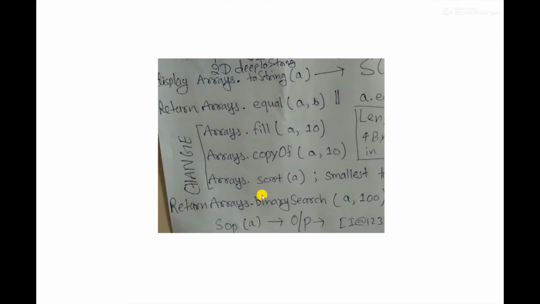And Arrays.sort is a very useful method to sort an array in alphanumeric order. Arrays.binarySearch will return the binary search result if anything is found. If you want to find 100 in an array A, it will return the binary search result.